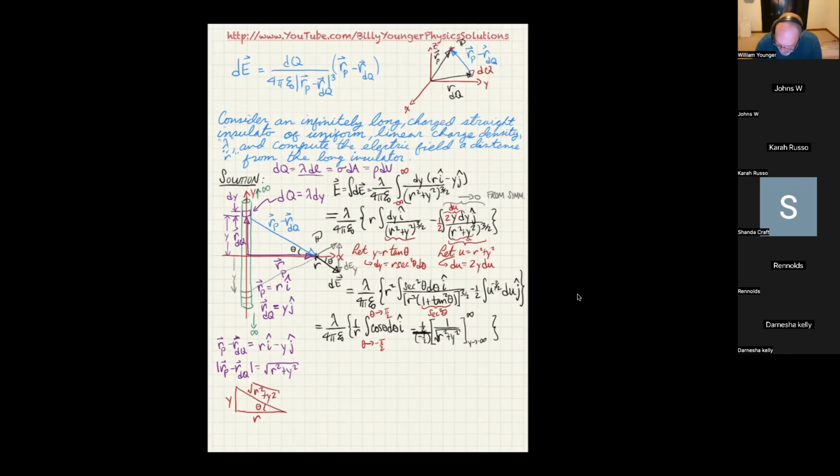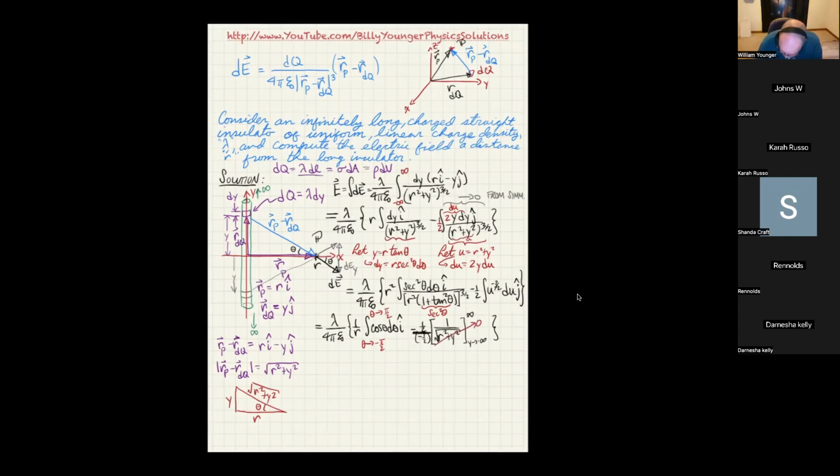So basically, when you integrate out to infinity, you're going to get basically 1 over y because y is so much bigger than r. And then when you integrate to negative infinity, you're also going to get 1 over y. And 1 over y minus 1 over y is going to give you 0. So this whole thing is just 0.